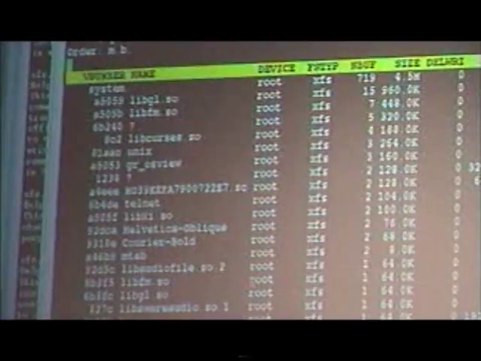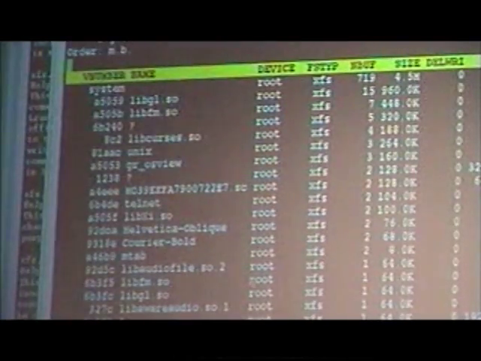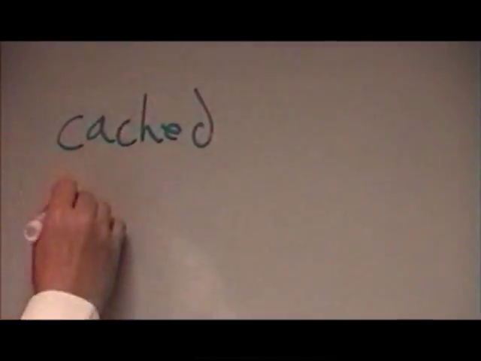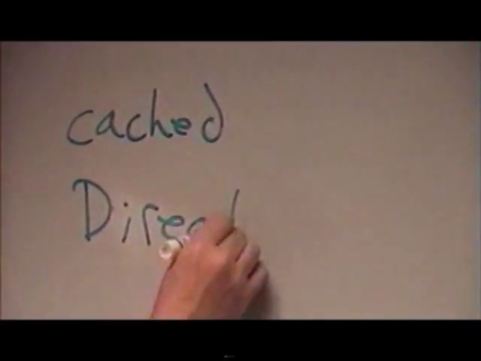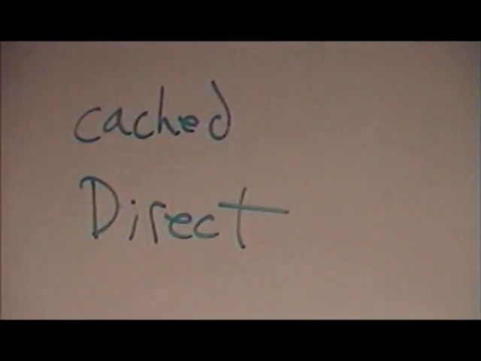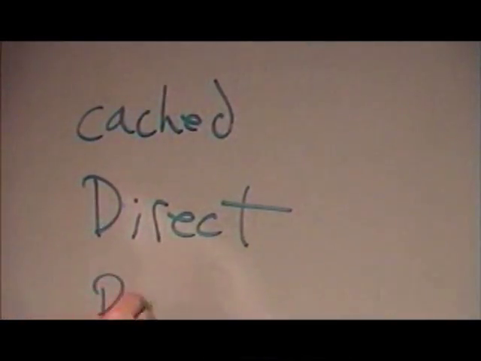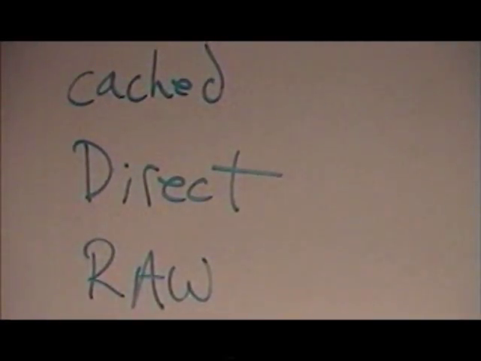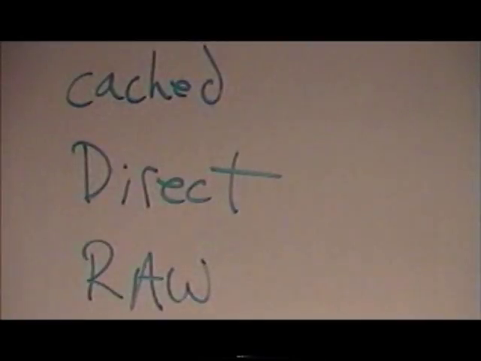Now there are things that are bypassing buffer cache. I guess we didn't really talk about that up here, but there's also whether it's cached or direct. So for example, in the database, or raw, as we call it, character. The database market uses raw, and none of that data is going through this.